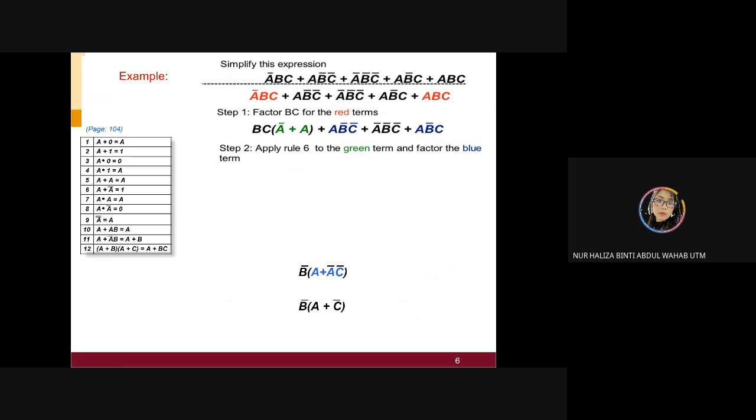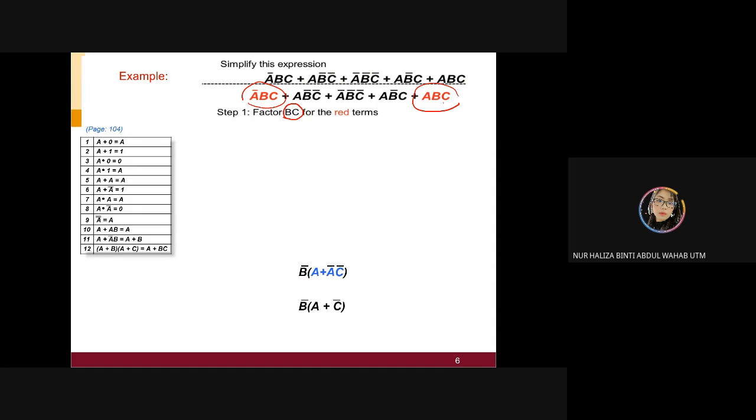For this question, you can see what they did is they factorize, they pick the BC, and then they factorize the red color one. Then you will get BC, you have A bar plus A. This rule is rule number 6.